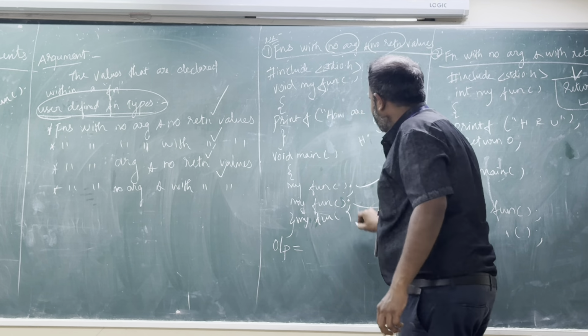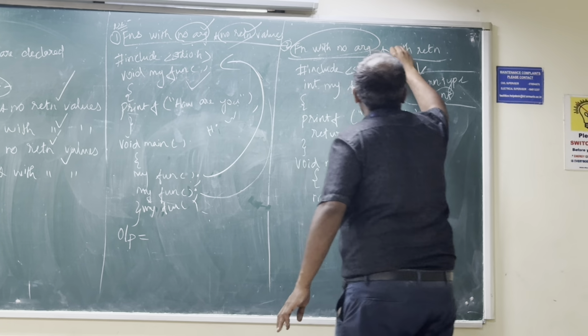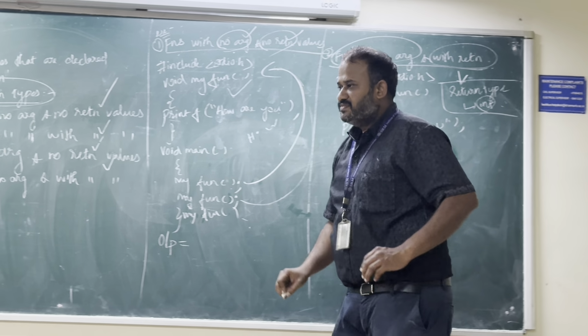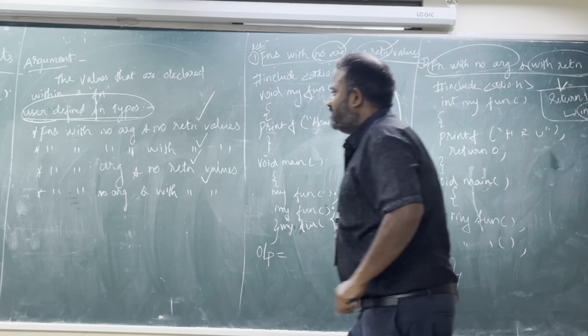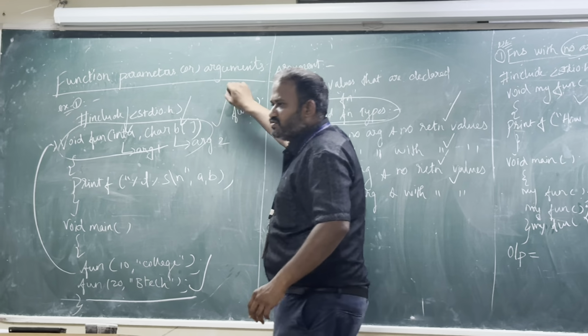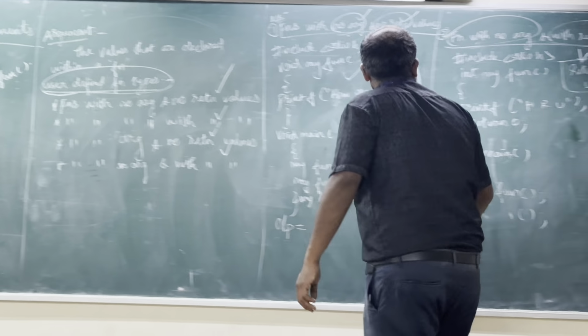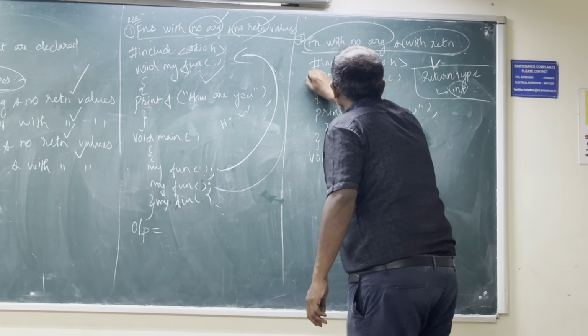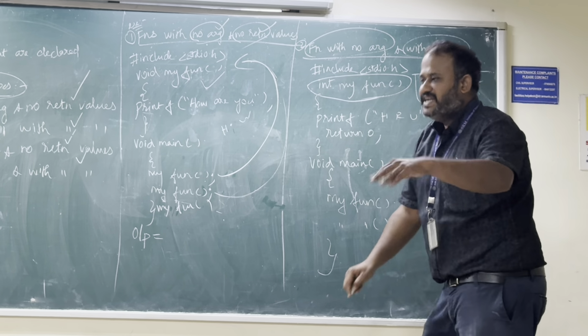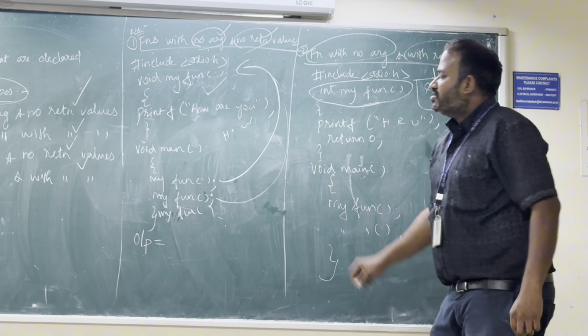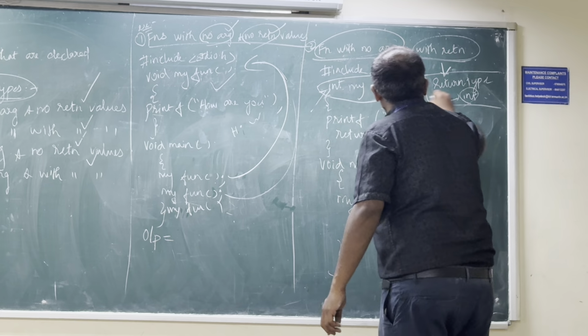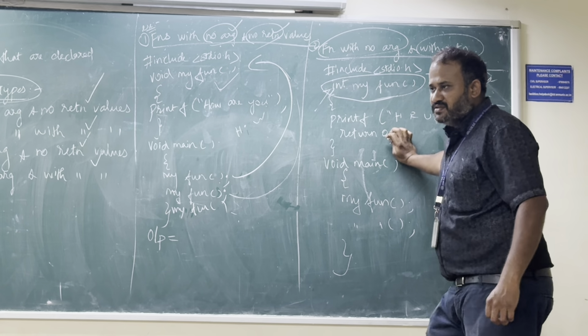That is, we are simply writing the program with no argument and no return values, so this is a simply defined function. So when we call function with no argument and with return values, no argument means I should not include these argument declarations over here. With return values, I have to include int my function. So integer should be defined when it comes to return type values.